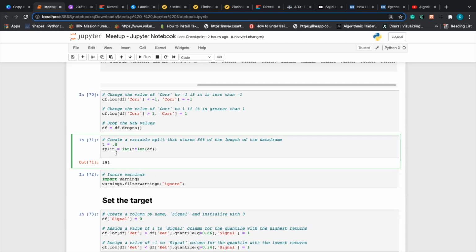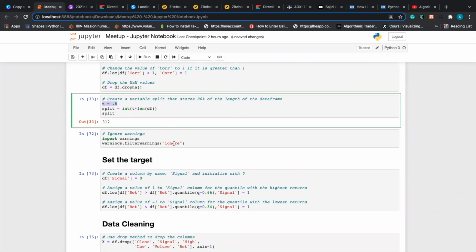For instance, we can print the variable splits to see how many values. Okay, we're going to get 312 values for our training set. Essentially, that represents 80% of the data set that we have, so we get 312 values for training.